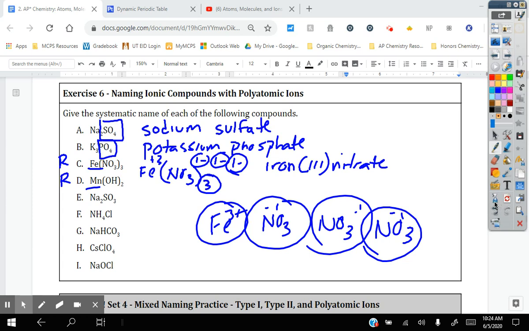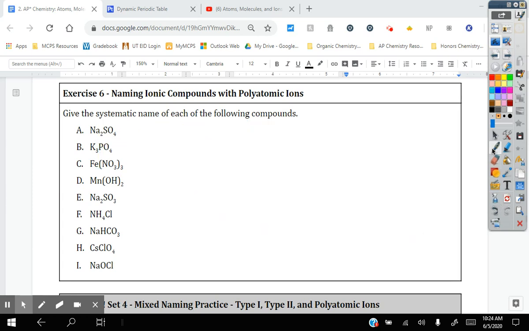Some other common ones to be aware of. I'm not going to do every single one on here, but NH4, again, if you see N as the first element followed by H4, that is ammonium. That is still a polyatomic ion. So we name ammonium, we know it has a 1+ charge, and then we've got chlorine, so chlorine just becomes chloride.